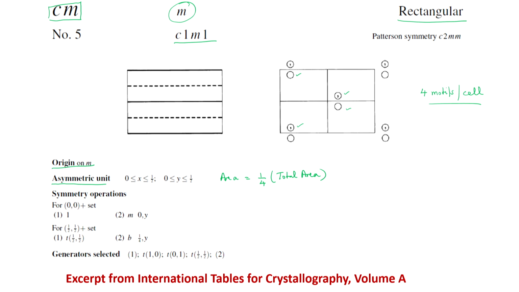If you look at this, it clearly defines that it is 1/4. So, x varies over 0.5, y varies over 0.5, that means the area that we are defining is this one, which is clearly 1/4 of the unit cell.